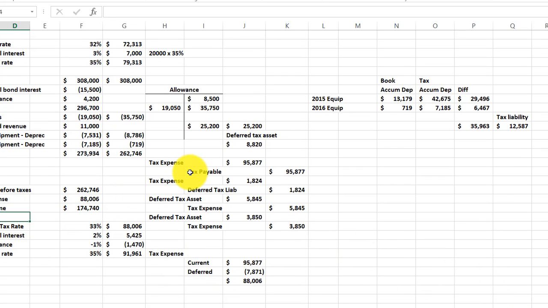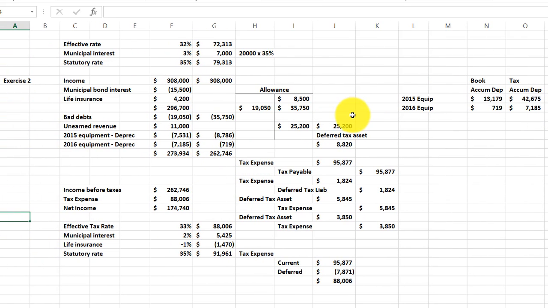So, coming back over here to our process, we end up with our taxable income on the tax return, and the before tax income on the income statement. All right, so looking at the current tax expense, we take our taxable income multiplied by the tax rate, just like we did before.